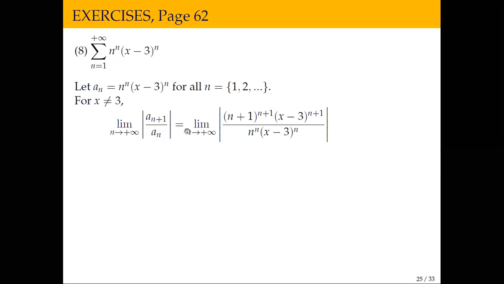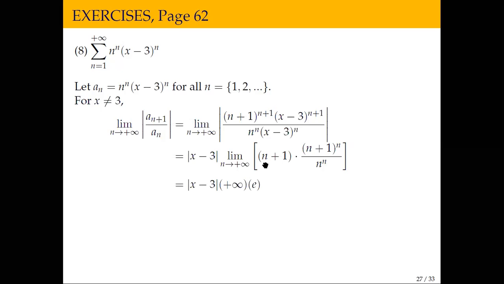So you can factor out the absolute value of x minus 3. And you will be left with the following. N plus 1 times n plus 1 raised to n is just n plus 1 raised to n plus 1. And then we have here n raised to n. We know that n ranges from 1 to positive infinity, so the one inside the absolute value is itself.